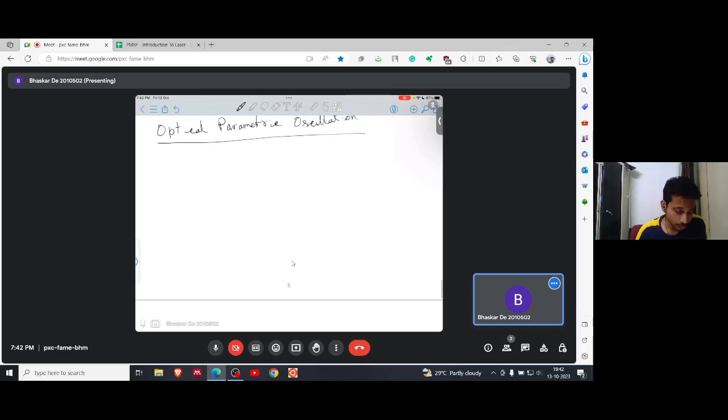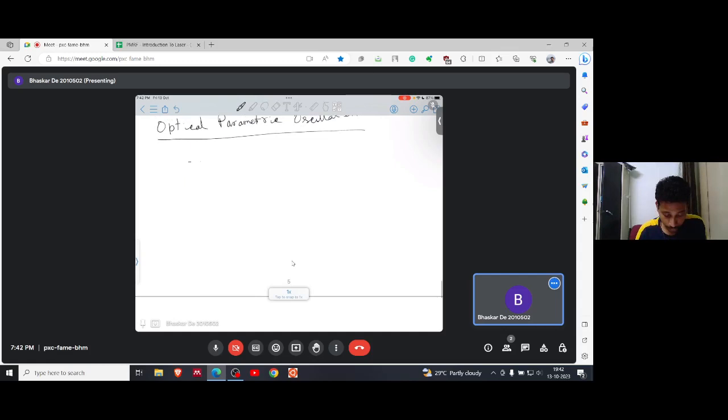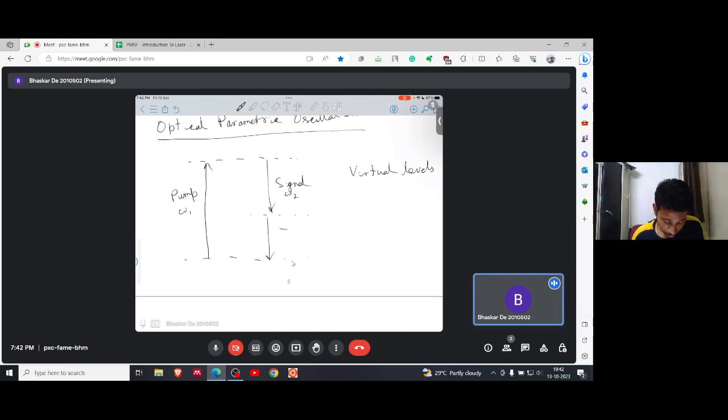So here we have three energy levels. Obviously these all are virtual levels. This is the pump omega 1, this is the signal omega 2, this is the idler omega 3.